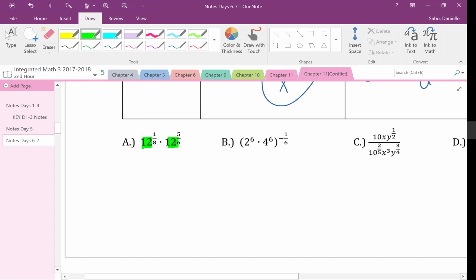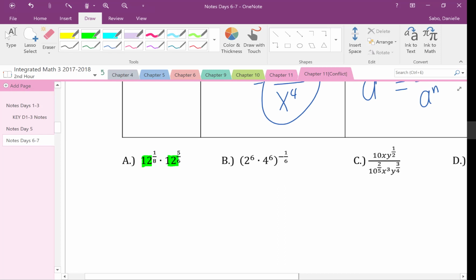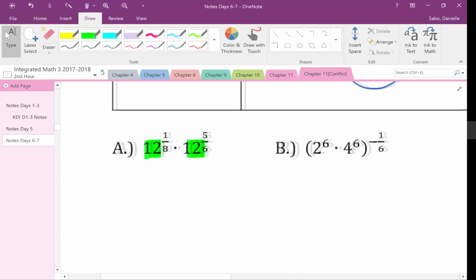Because if I put a 5 to the 5/6 power, you can't do anything because they're not the same base. So I'm going to have 12 to something, but what's my common denominator? 24. So what am I going to multiply the top and bottom by for this first one? By 3. What am I going to multiply the second one by? By 4. Because I need a common denominator in order to add fractions.